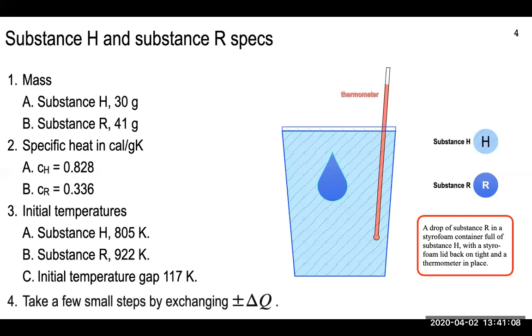So basically, what we're going to do here to narrow the gap is we're going to take a few small steps by exchanging a little bit of heat energy, plus or minus delta Q, which is how nature works. You know, nature exchanges very, very tiny amounts of heat energy between the hot substance and the cool substance, absorbing and the warm substance losing.